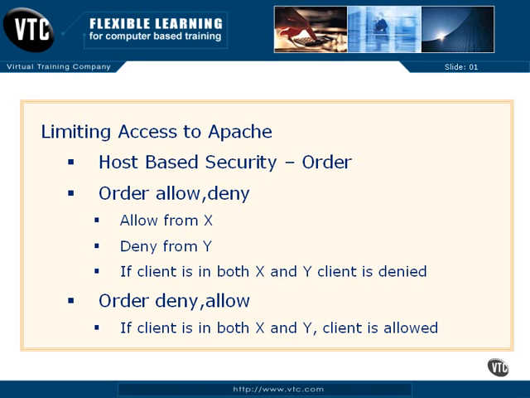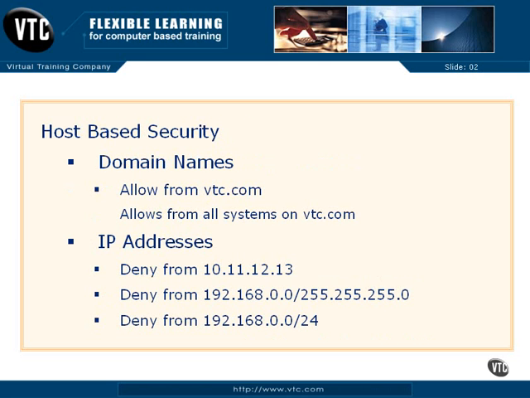With that established, the allow from and deny from statements are fairly easy to configure. You could use partial domain names, such as allow from vtc.com, which would allow access from all systems on the vtc.com network. You could use different combinations of IP addresses.